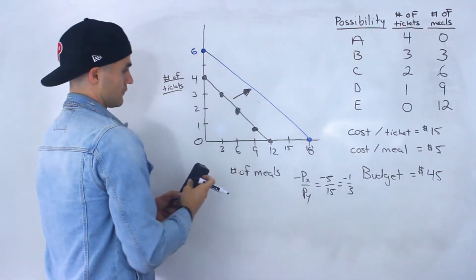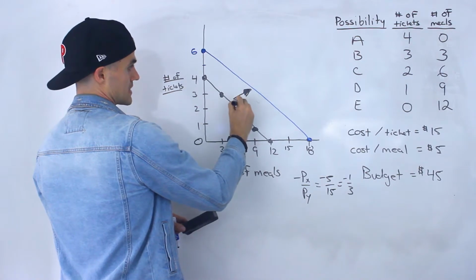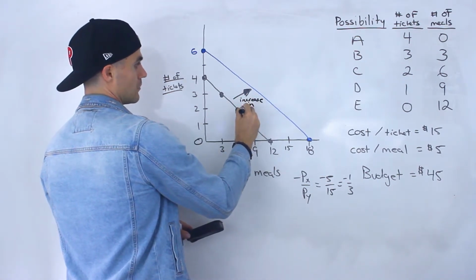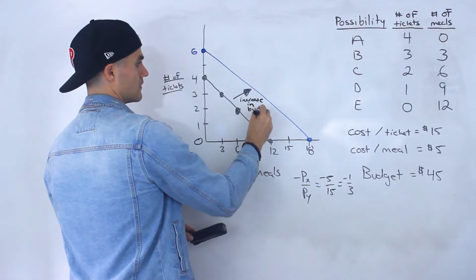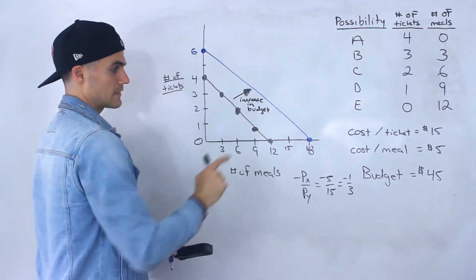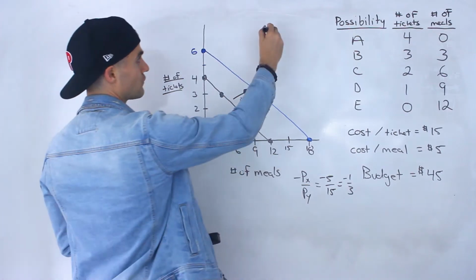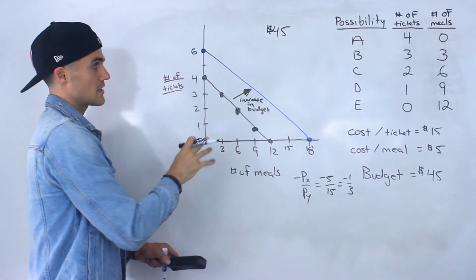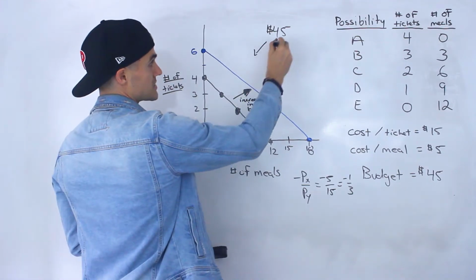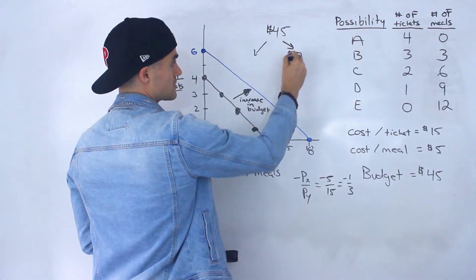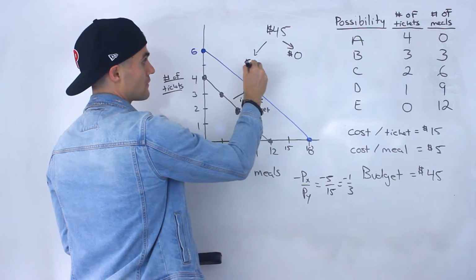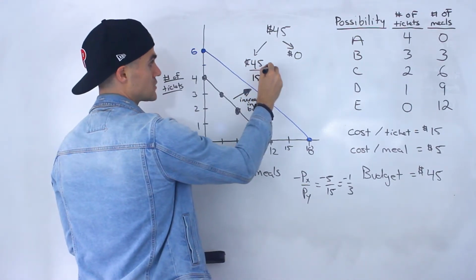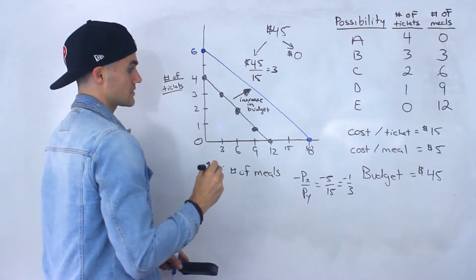Well, first off, let me write here that this was an increase in budget. Shifted the line out. Now, if the budget is now $45, again, let's figure out what these intercepts are. So if I spend $0 on meals, I have to spend that full 45 on tickets. Each ticket costs 15, so I could buy 3 movie tickets.